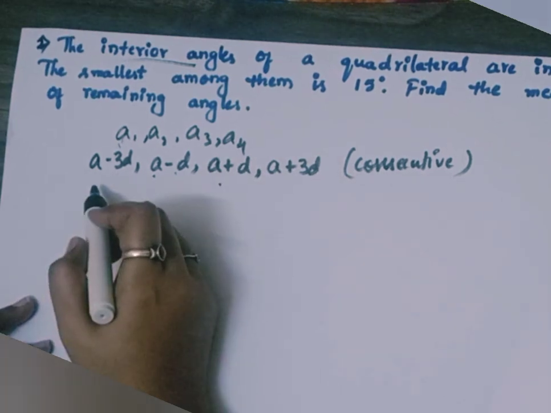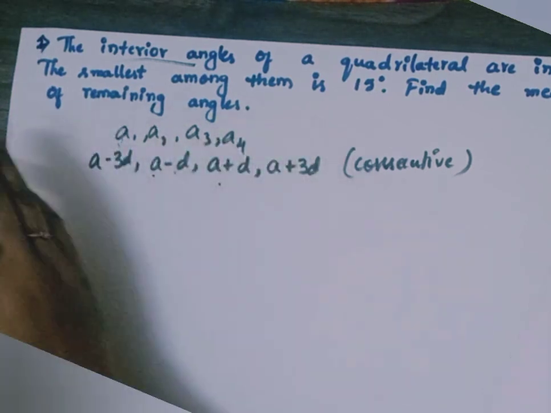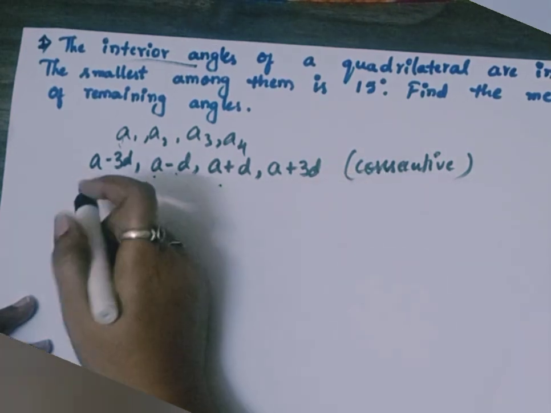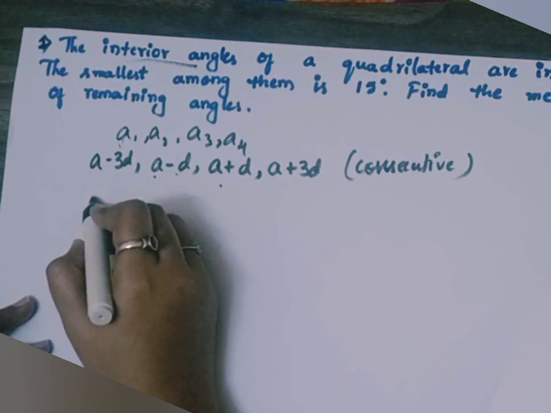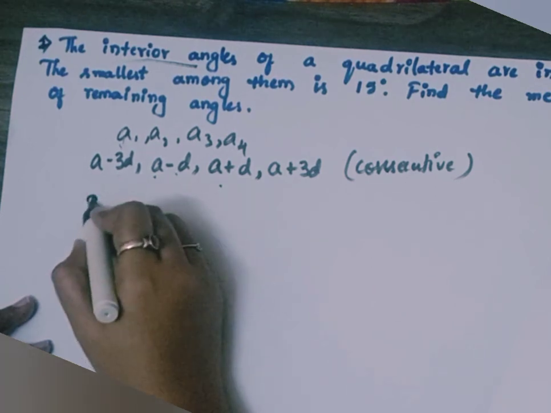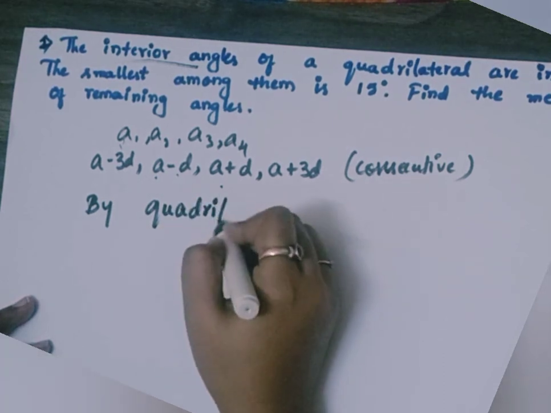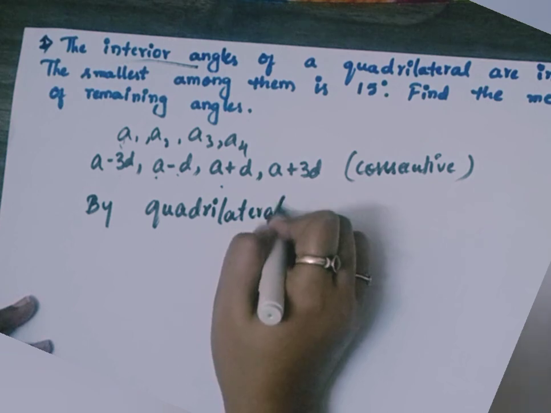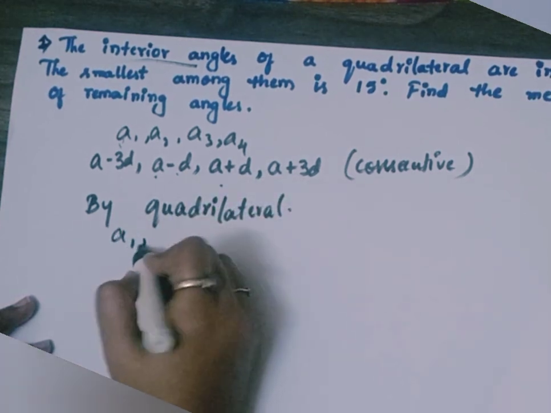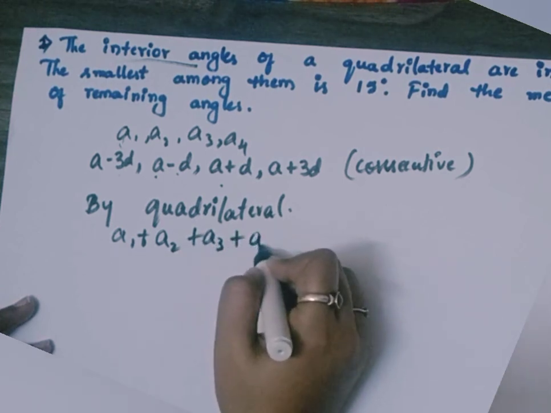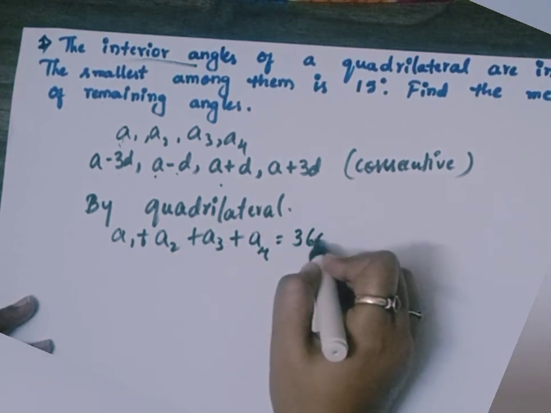Now first, before using the smallest being 15 degrees, I'll write that the sum of the angles of a quadrilateral is equal to 360 degrees. So A1 plus A2 plus A3 plus A4 is equal to 360.